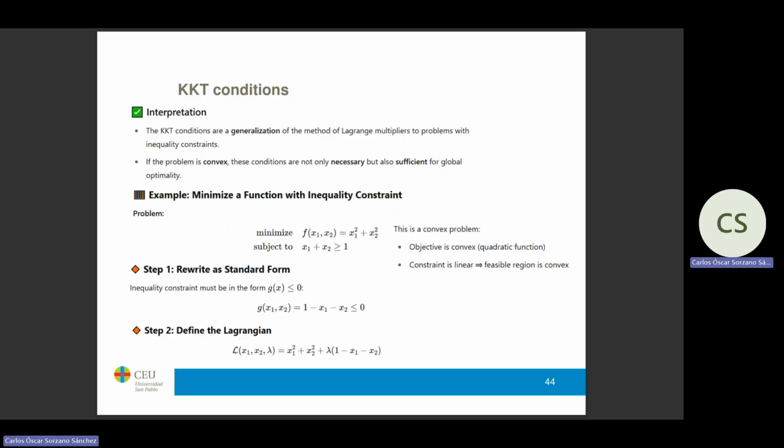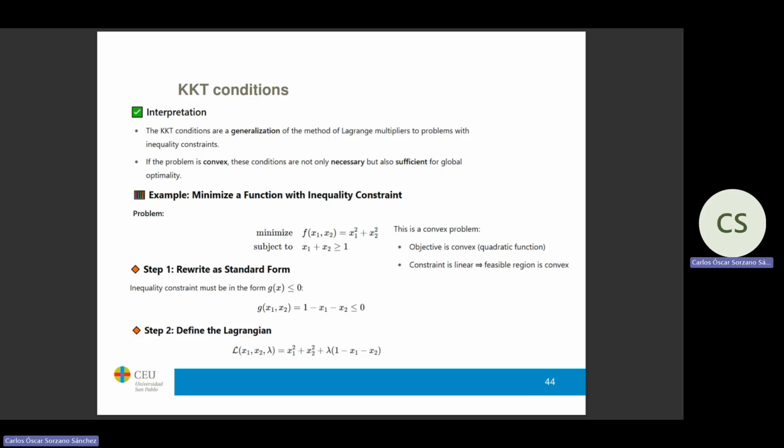Okay, then let's give a numerical example, so that it doesn't stay here in the air. Let's say that we want to minimize this function subject to this constraint. First of all, we realize that this is a convex problem. In a convex problem, these conditions are not only necessary, but also sufficient for a global minimum.